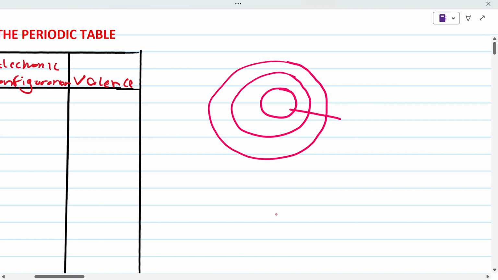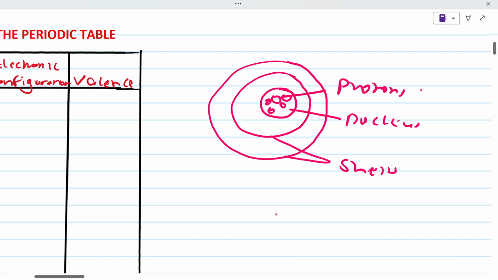So this is going to be the nucleus, and these ones are shells. Within the nucleus, we have protons and neutrons. Within the shells, I have electrons.